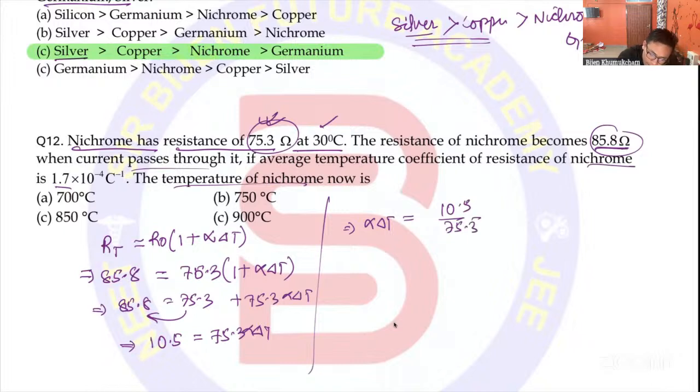Then delta T is 10.5 divided by 75.3 times its alpha value, which is 1.7 into 10 to the power minus 4.